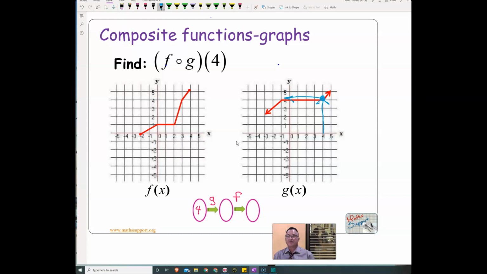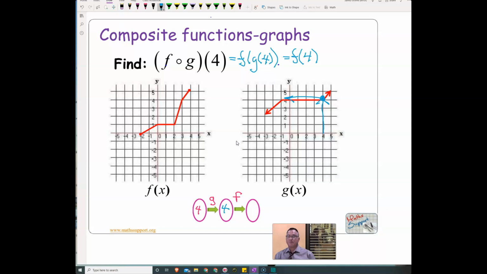All right, so the first part of this graph, if I was writing out the notation here, I'd write f of g of 4. Those two things are identical. All right, g of 4 was also a 4, so I take out the notation g of 4 and I put a 4 in.